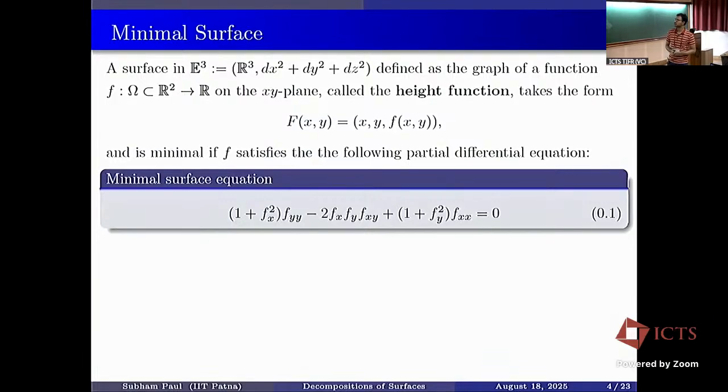Okay, so first I would like to talk about minimal surfaces and the height function. What do I mean by height function? Consider a surface in Euclidean space E3.